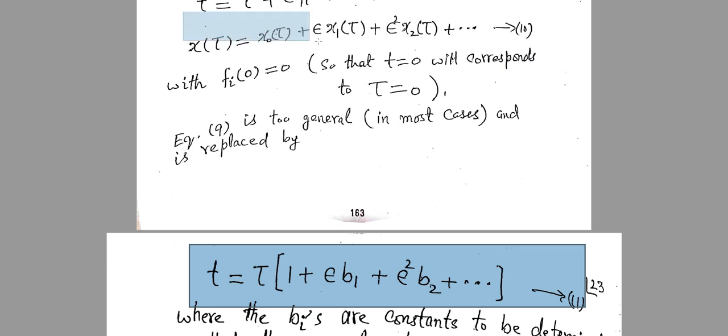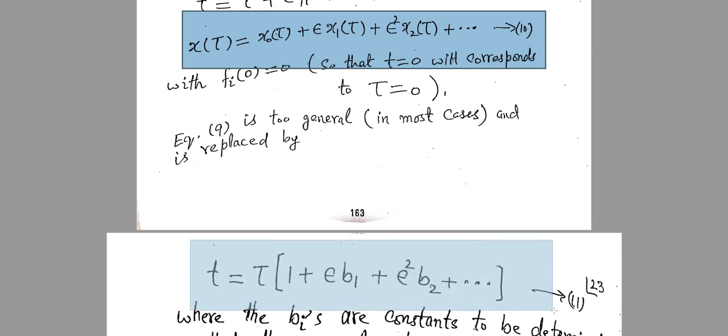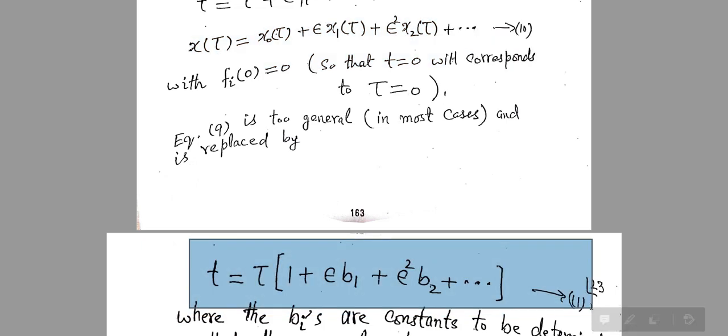First we will apply the perturbation expansion as we have done earlier on the dependent variable, but the new thing in this method is that we also have to apply a perturbation expansion for the independent variable t in this form, which is given in equation number 11.